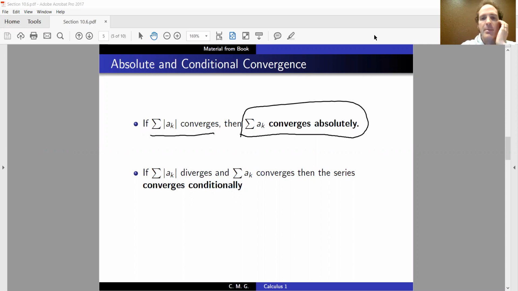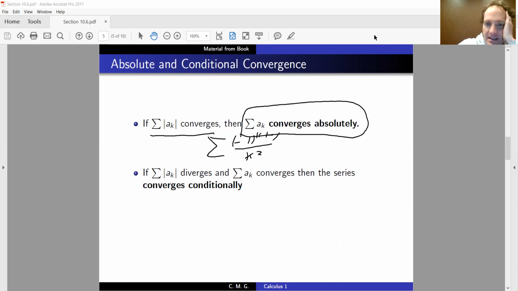So for example, the alternating series (-1)^(k+1) over k squared. This is definitely a convergent series because it's an alternating series. The terms go down and it goes to 0 as k goes to infinity. So that's great.